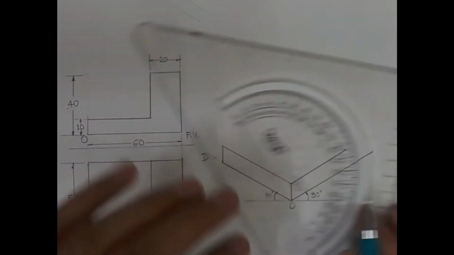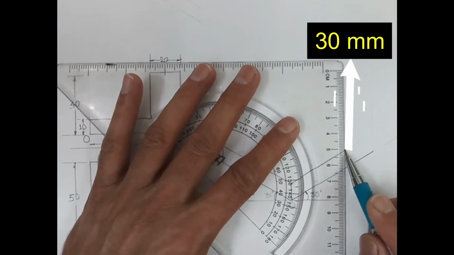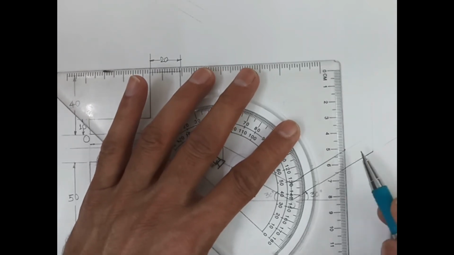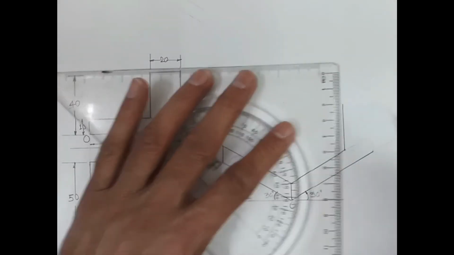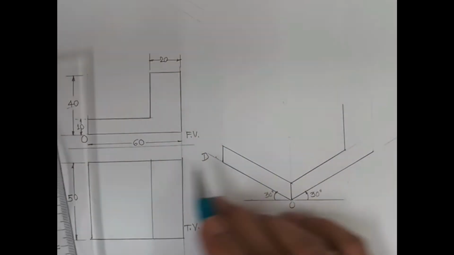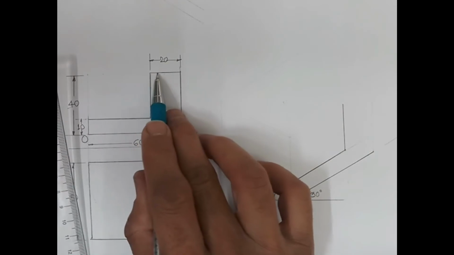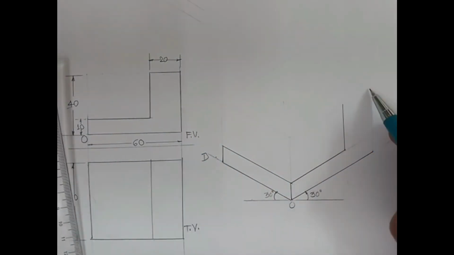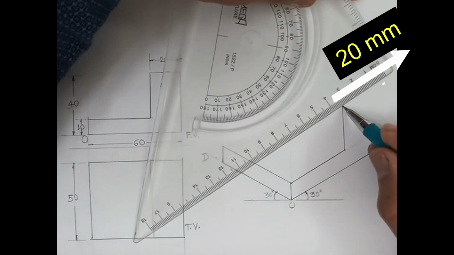So from here we have to go vertically up by 30 mm. This is the remaining height of 30 mm, and now this part has this surface. As we see here, this is a plane surface at a height of 40 mm.